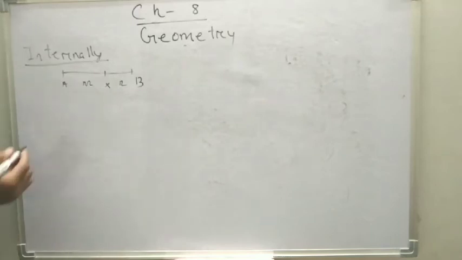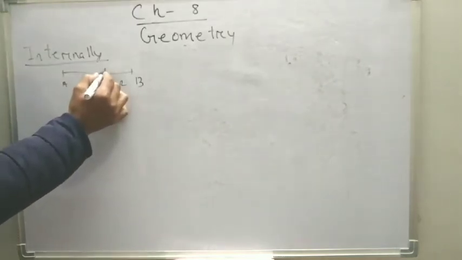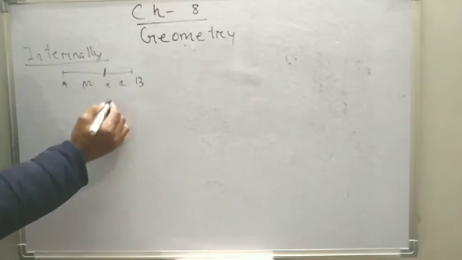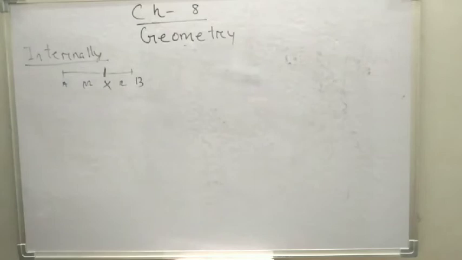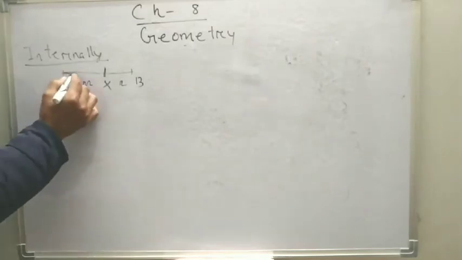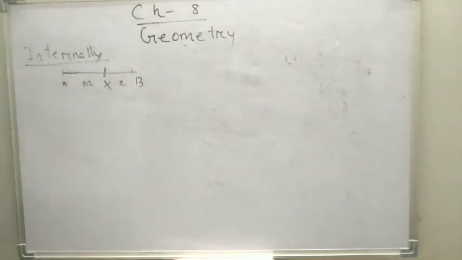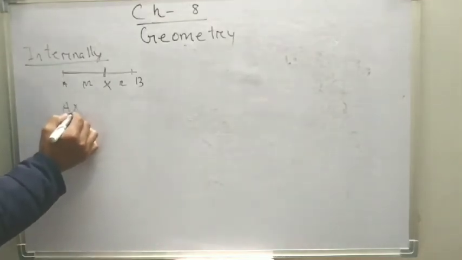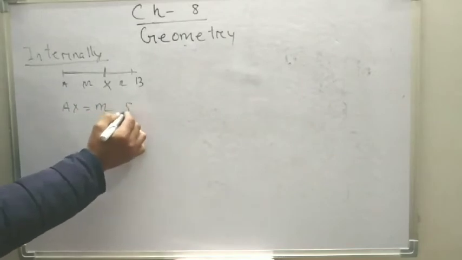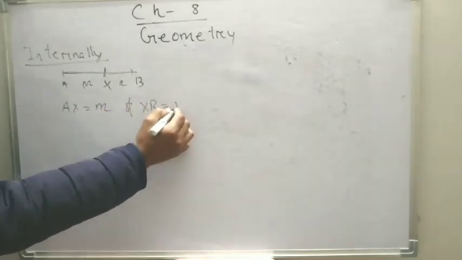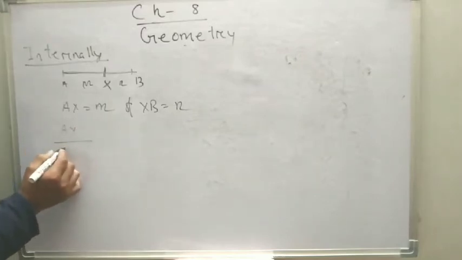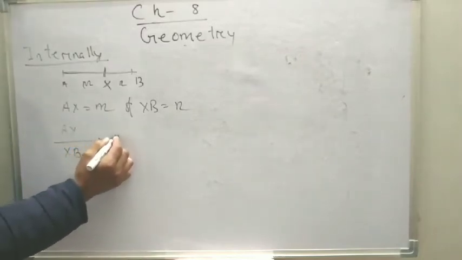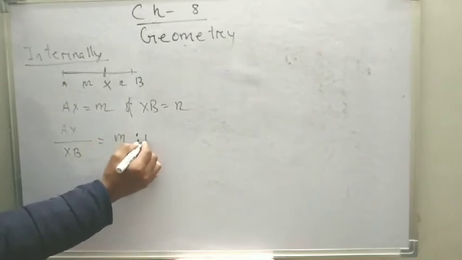A given line segment is divided in a ratio m:n at only one point, that is X. Here AB is divided into two parts, AX and XB, such that AX is equal to m and XB is equal to n. Now we can write AX by XB equal to m is to n.